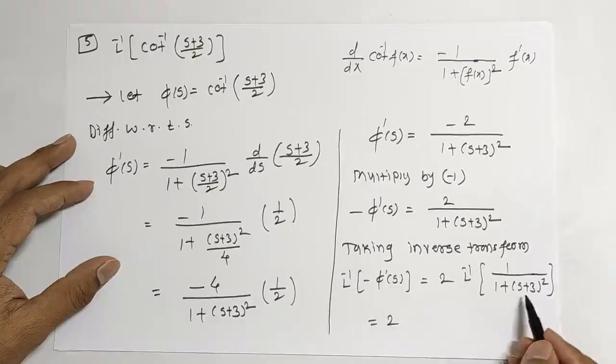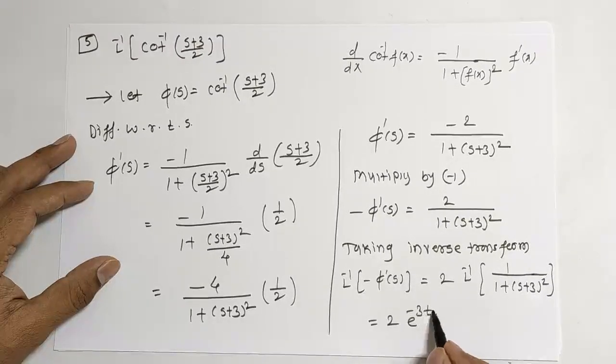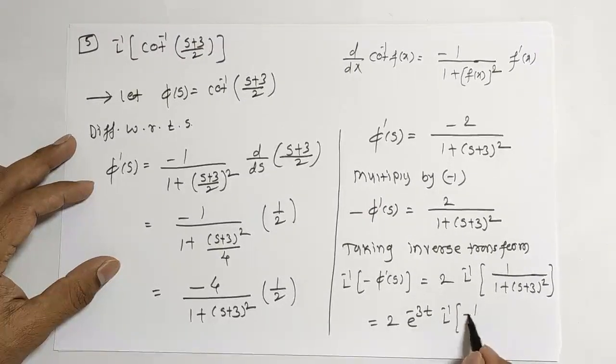So this is 2 times, here it is of the type phi of s plus a, so the value of a is 3, so e to the power minus 3t and L inverse of 1 upon 1 plus s square.